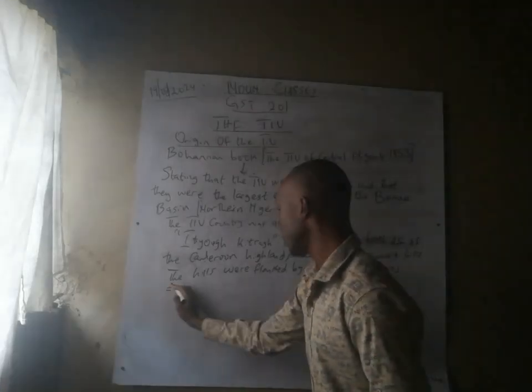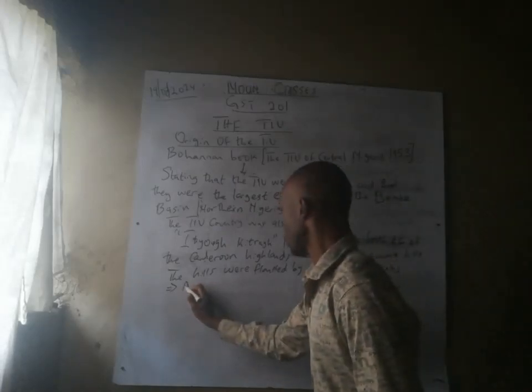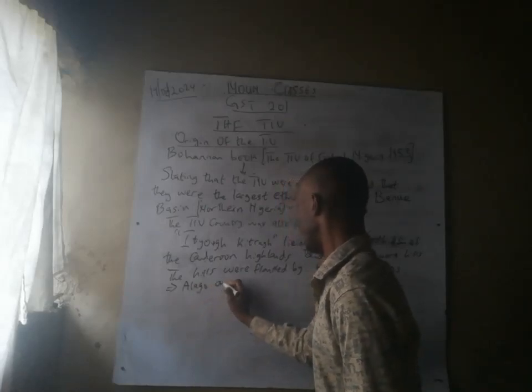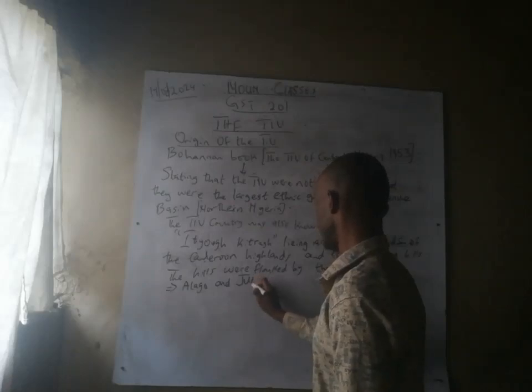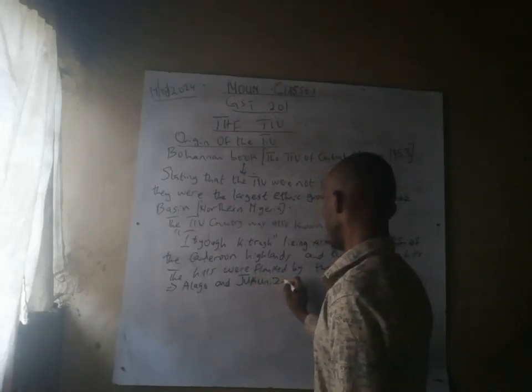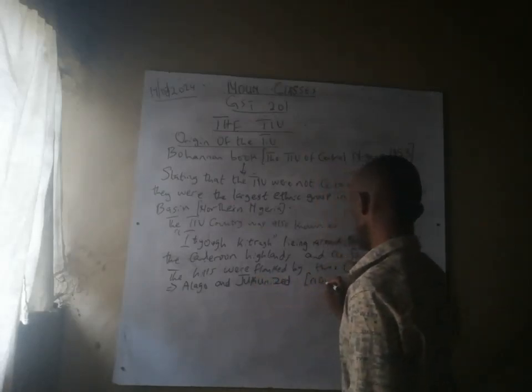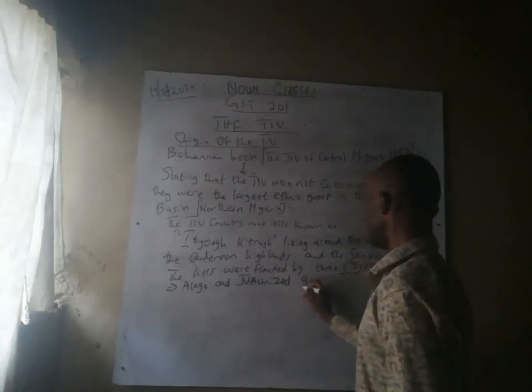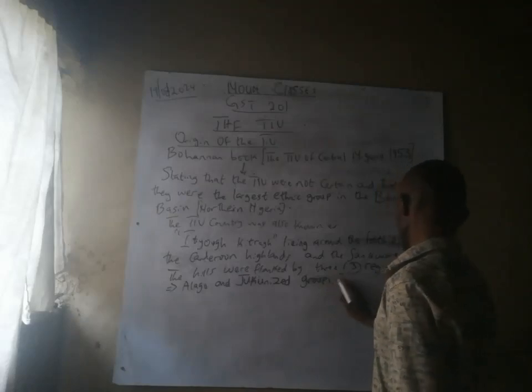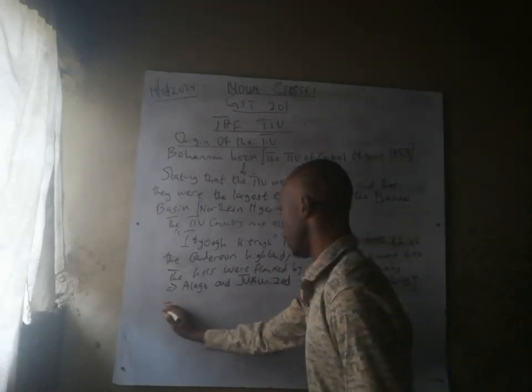Now we want to align those three parts to those regions. We have the Alago and the Jukunized groups at the north.